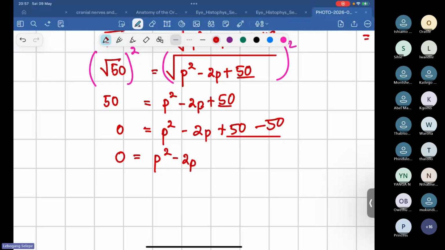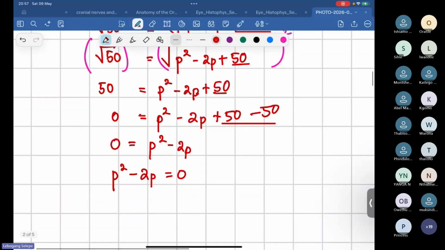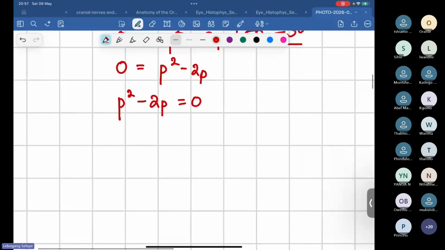Then usually things make more sense if I do this. P squared minus 2p is equal to 0. I just changed the position of p squared minus 2p. Then from here, I can take the common factor. The common factor is p, so p into p minus 2 is equal to 0.